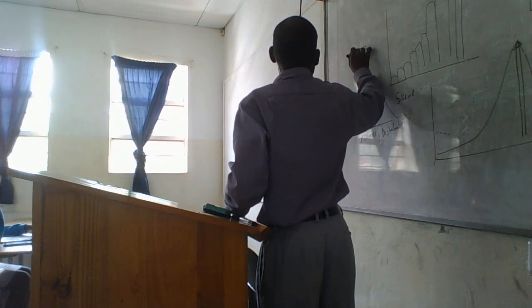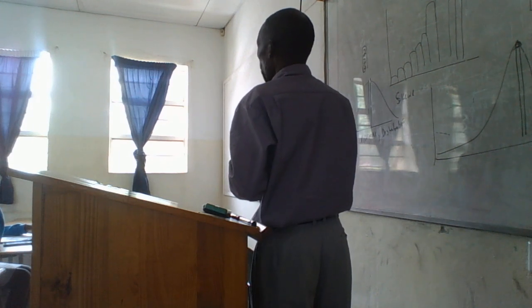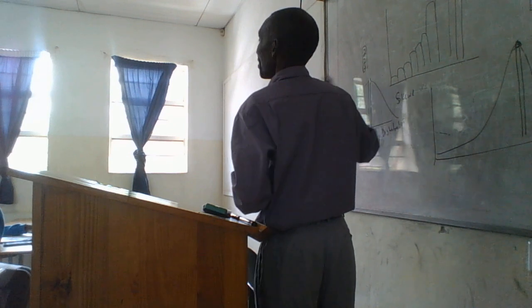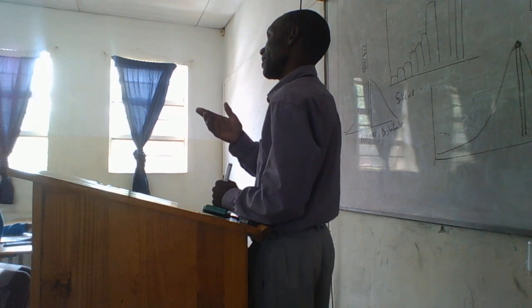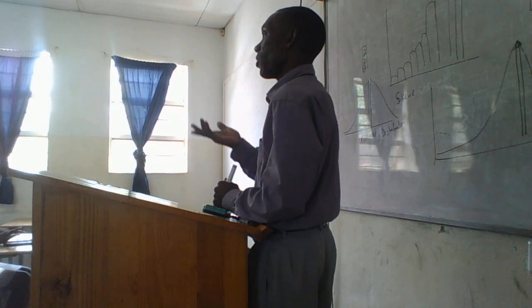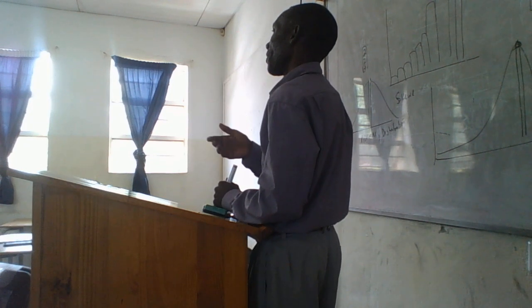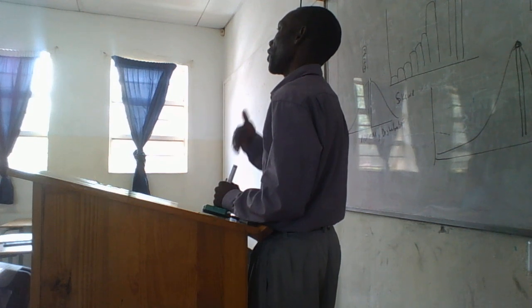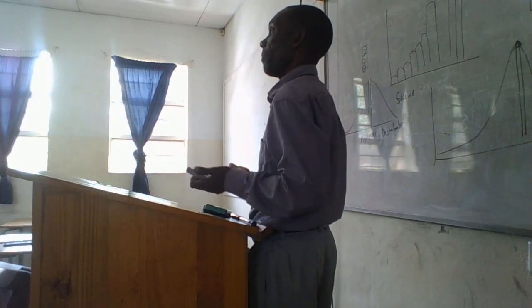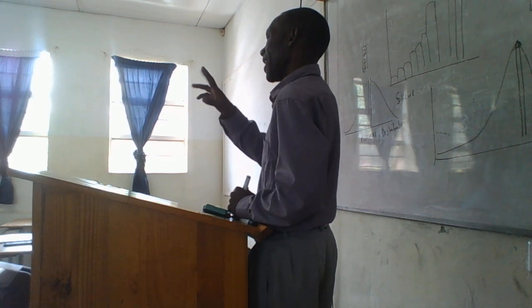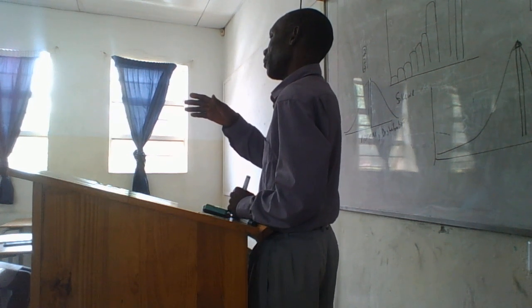When you find that mean, mode and median are just about the same, it means that it is normally distributed. You know what mean is? It's the average. You know what mode is? Mode is the number that appears most frequently, right? And you know what the median is? It's the middle number, right? If there are two, you add them and divide by 2.